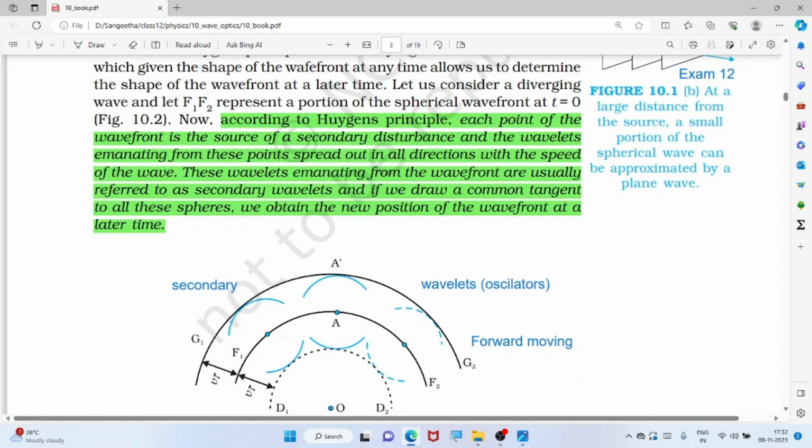According to the Huygens principle, each point of a wave front is a source of secondary disturbance. Here you see wavelets emerging from these points, spreading out in all directions with the speed of the wave. Now we have to draw the envelope and you see the new wave front.